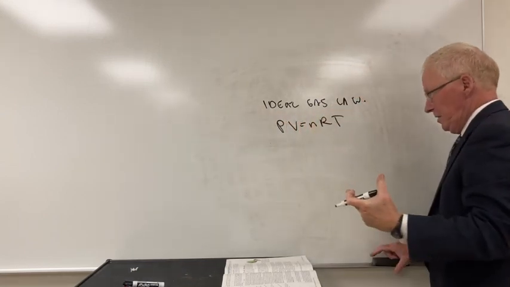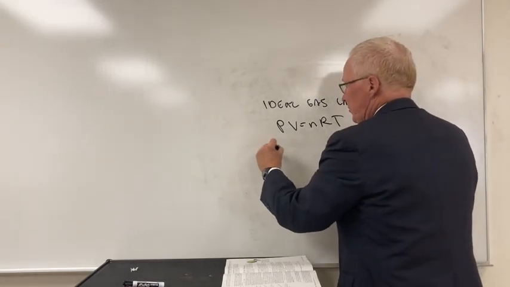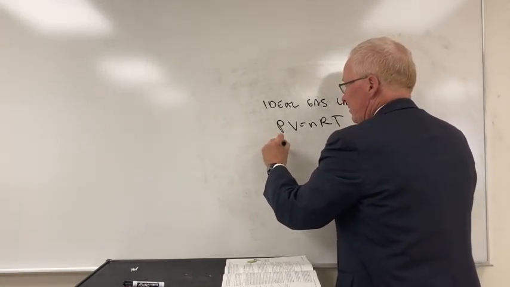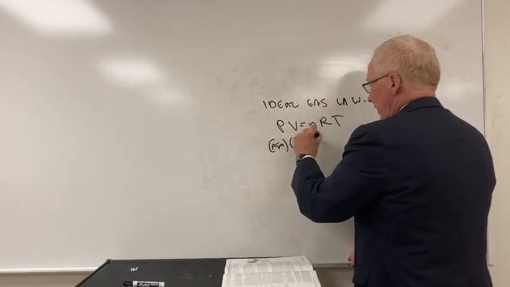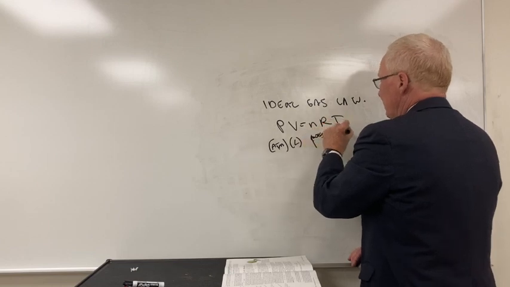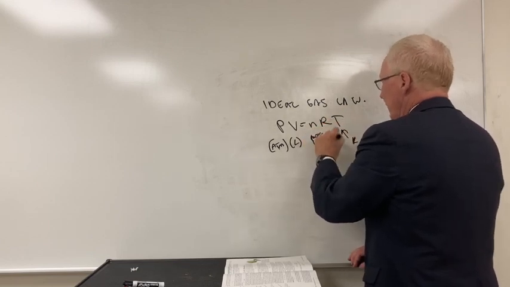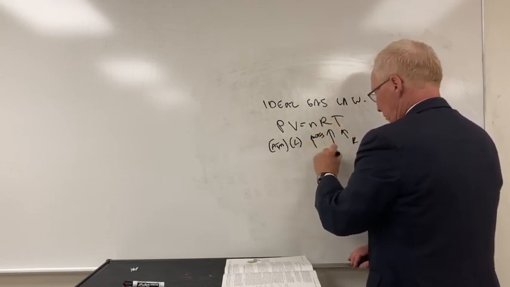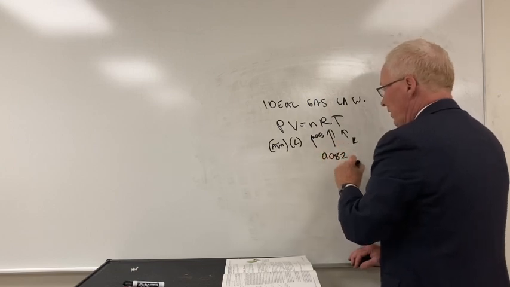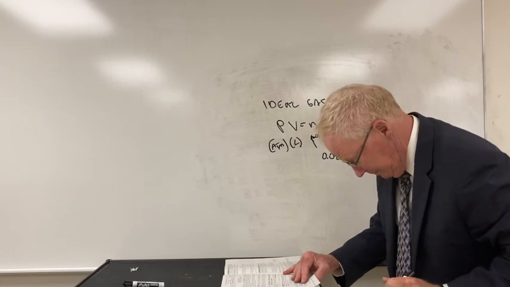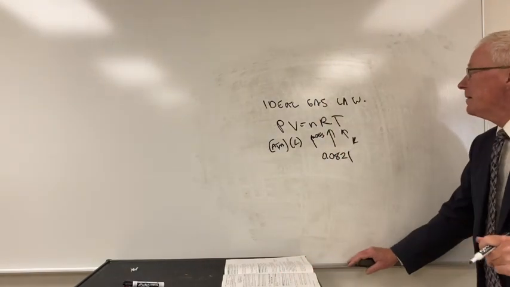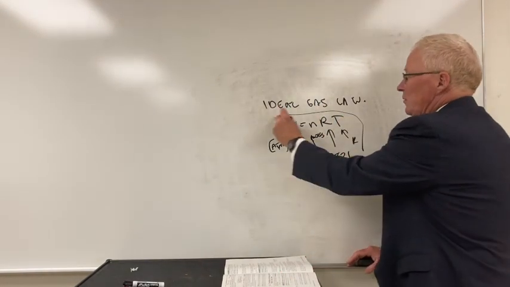And what we're going to be using here is that pressure again is in atmospheres, volume is in liters, n is moles, T is in Kelvin, and R is the gas constant of 0.0821 as far as that's concerned. All right, so this is the expression we'll be using.